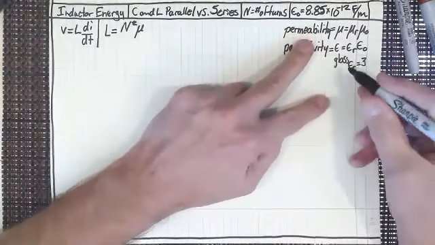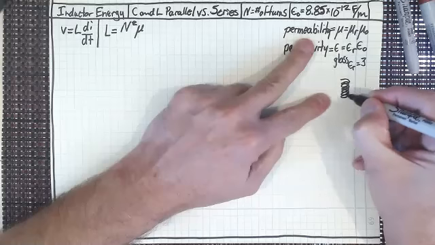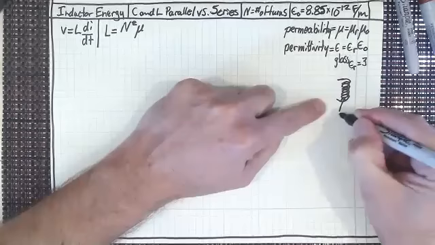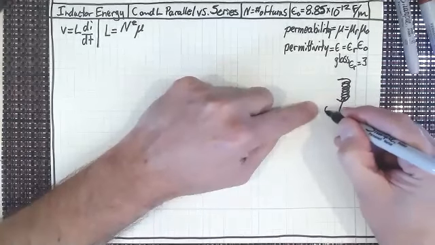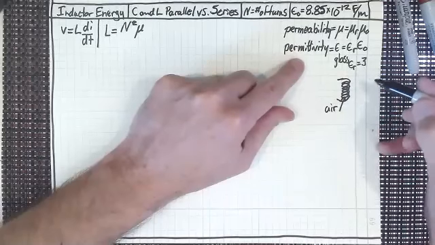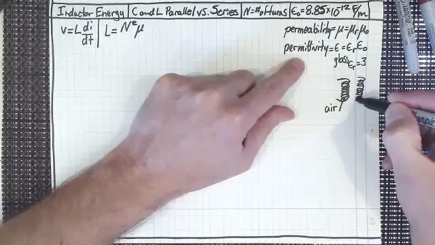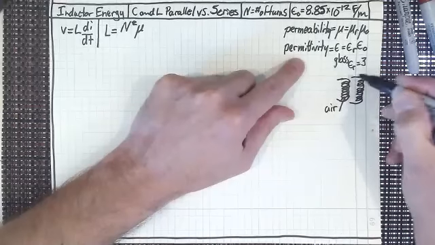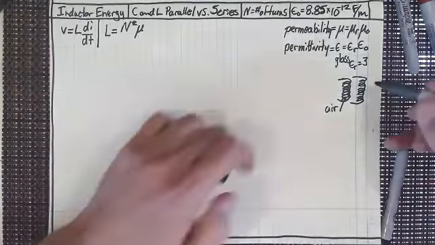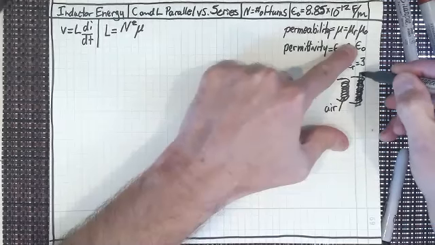let's say I've got 2 different types of coils here. I've got a coil, right? And it's just got air in there. That's called an air coil inductor. Now, what if I have that same inductor with the same amount of turns, but instead I was to put a piece of steel in there, right?